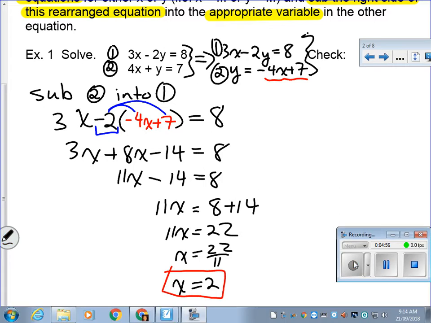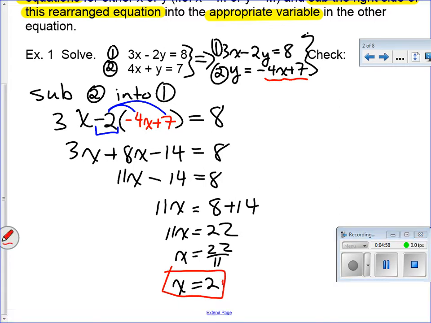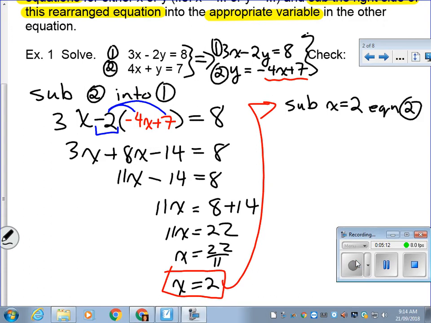Now that we've got x is 2, we have to go back and substitute. So now we're going to sub x equals 2 into what equation, guys? Yes, into equation 2.